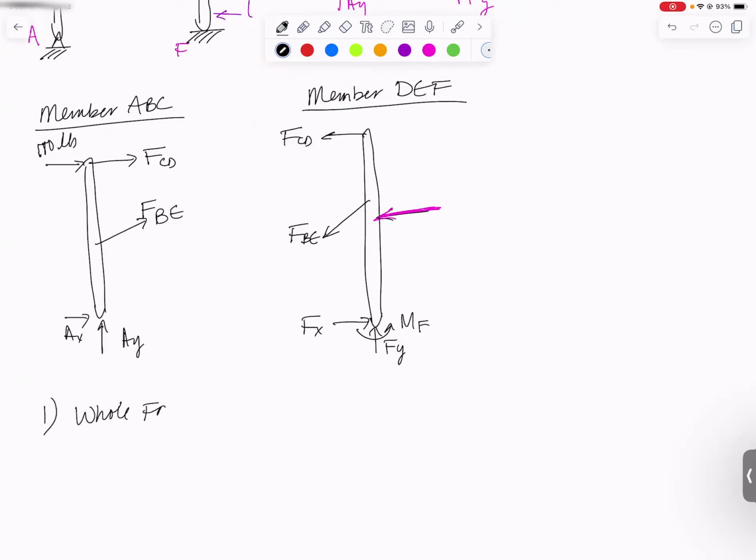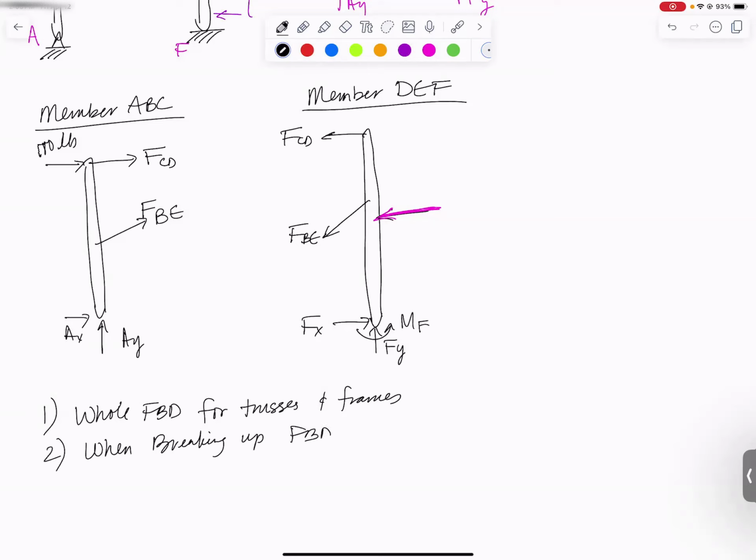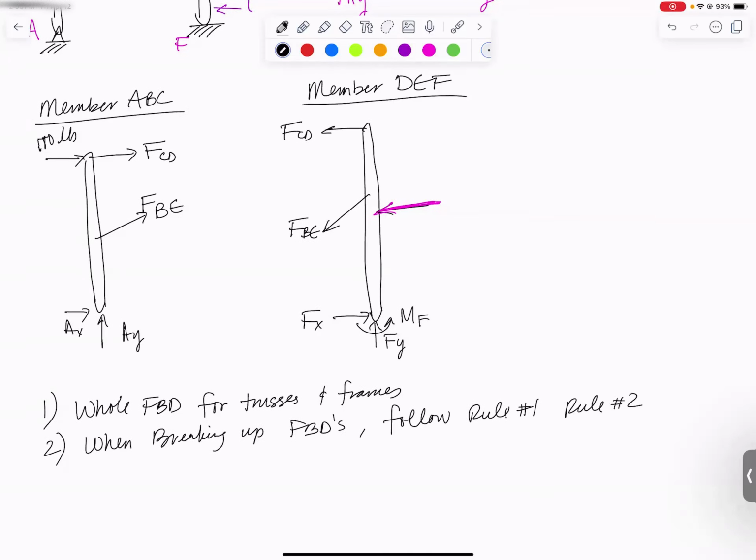So my tips and hints for this part are, first of all, a whole free body diagram, definitely for trusses, and usually they're helpful for frames. When breaking up free body diagrams, follow my rule number 1 and rule number 2 for consistency in your force directions. Third, when solving, start with a free body diagram that has as few unknowns as possible.